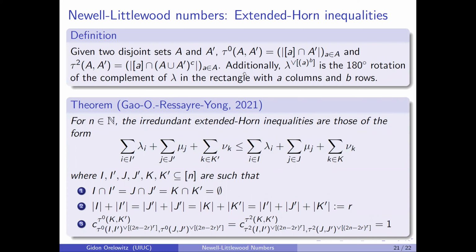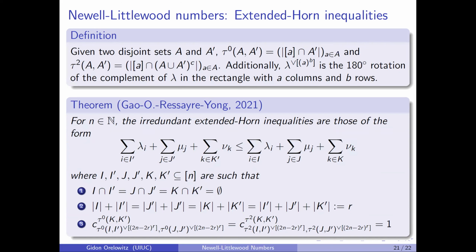So luckily we do have a form for that. It's a little bit more complicated. So we still have that all the inequalities are the same form for our irredundant version of them. We still have this disjointness condition. The size condition is a little bit different. It's a little bit stricter. So now we force the sizes to have a bit more of a property.